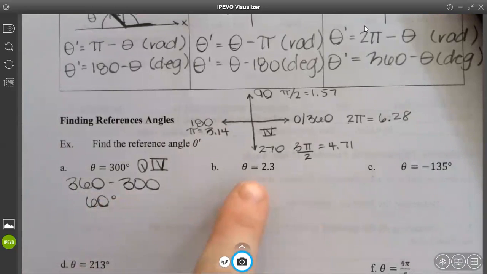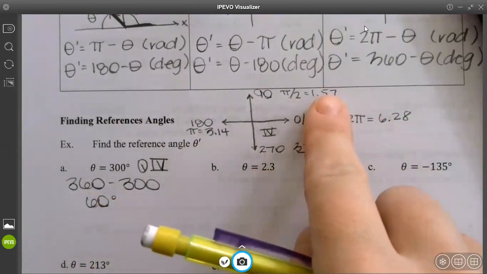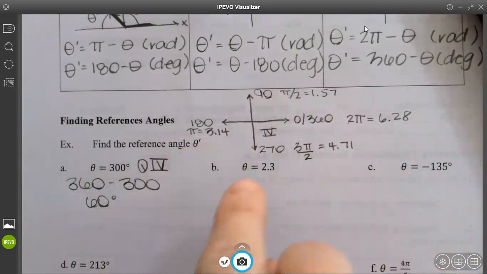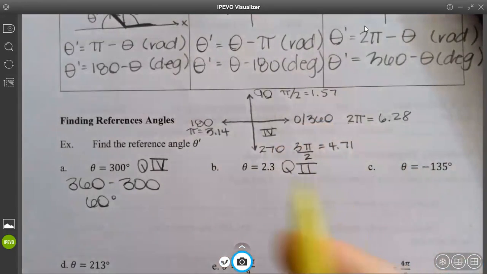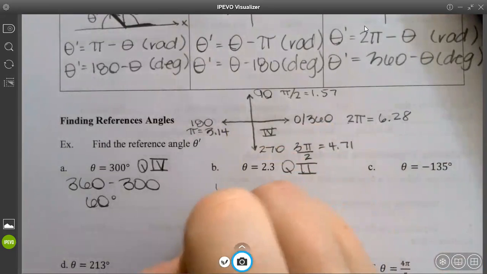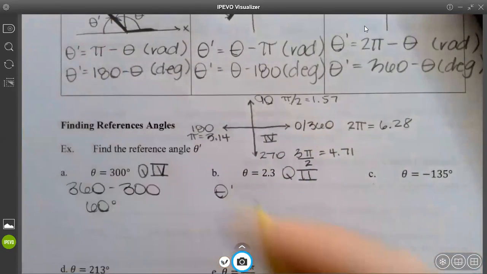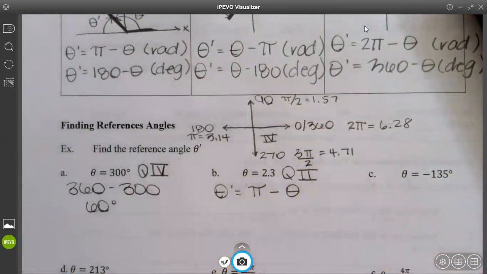All right, so then you guys see that this says 2.3, right? Where is the 2.3 coming from? It is radians. Here's 6.28 radians, 1.57 radians, 3.14, and then 4.71. So where would 2.3 fall? Quadrant 2 says that your reference angle is pi minus theta.